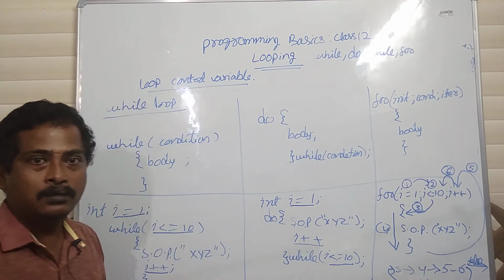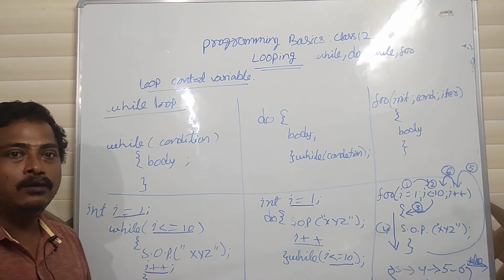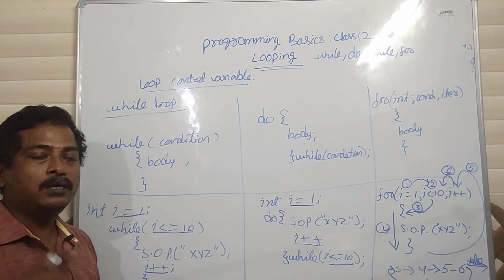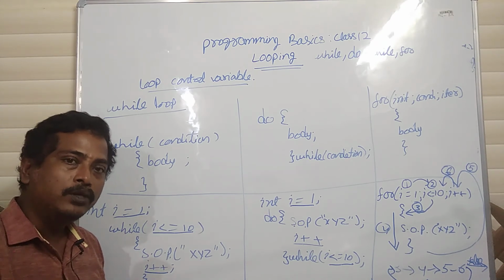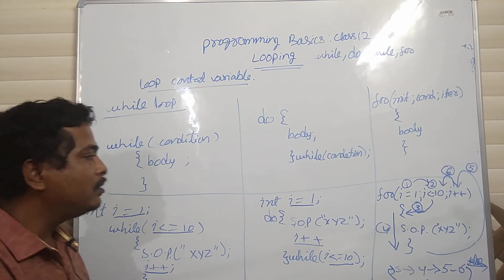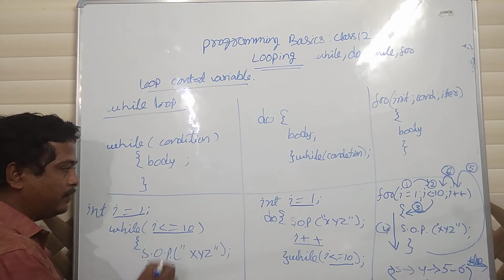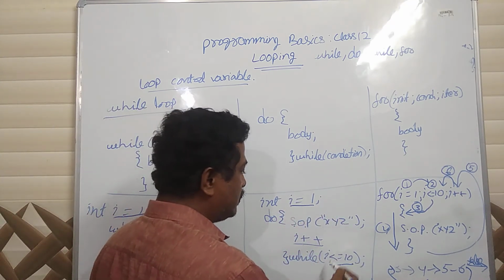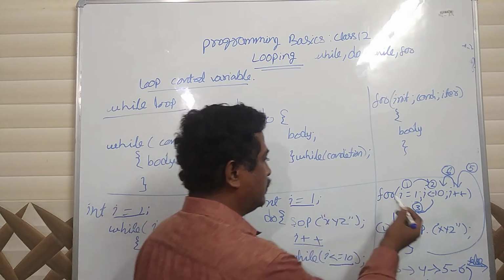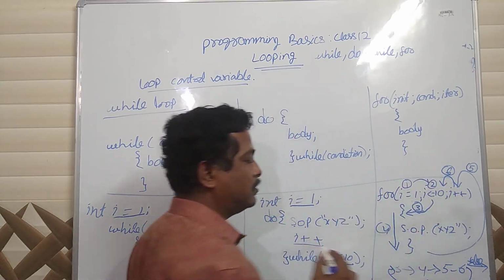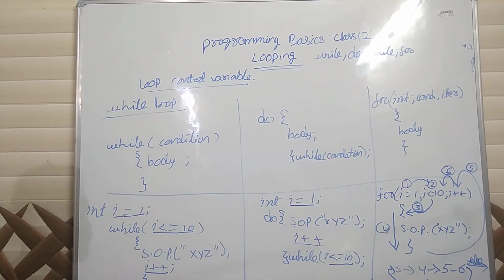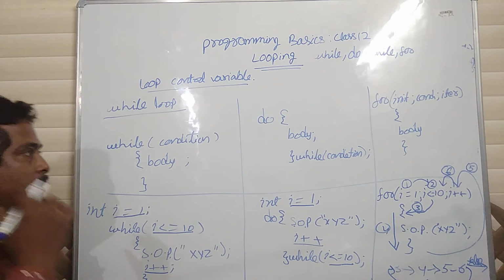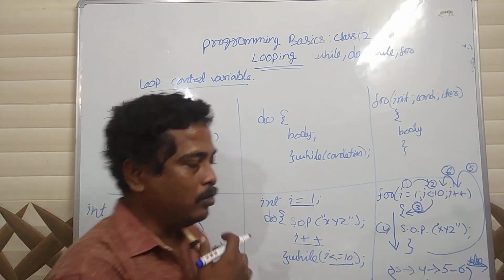So you can omit any of them and the loop will execute, but it will not execute according to your requirement if you have not given these 3 statements properly: initialization, condition, iteration. This is all regarding our looping.